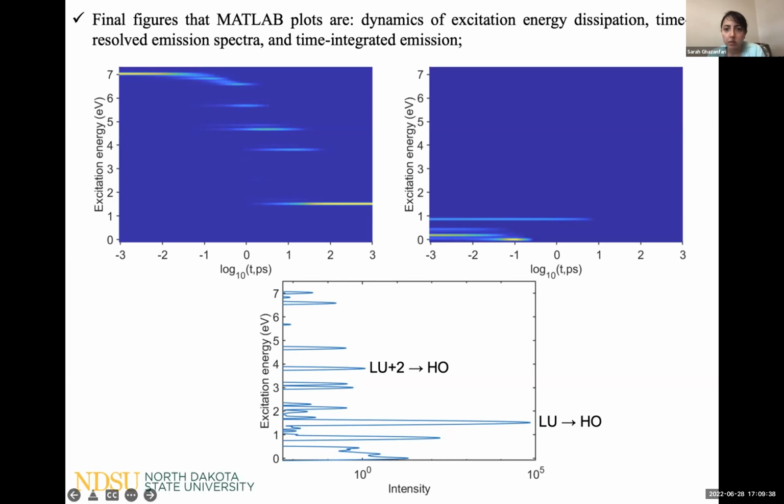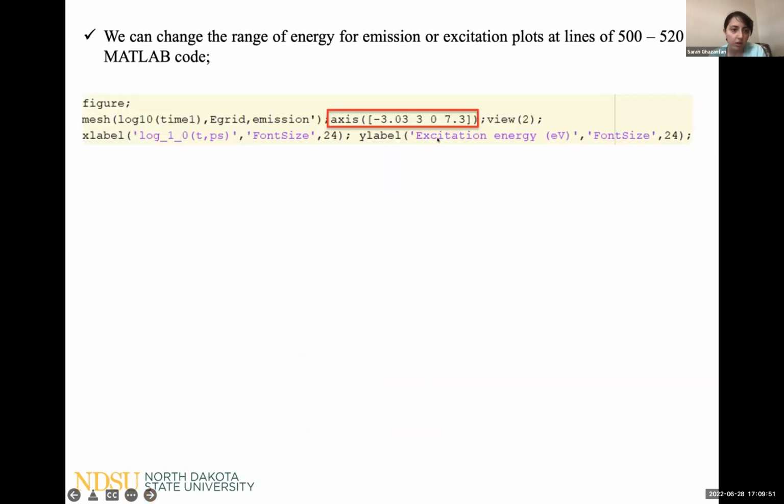Also, we can modify this range of energy to our desired range very simply. We just need to modify this part of the MATLAB code, the axis command, which tells it which range of x-axis and y-axis you are interested in.